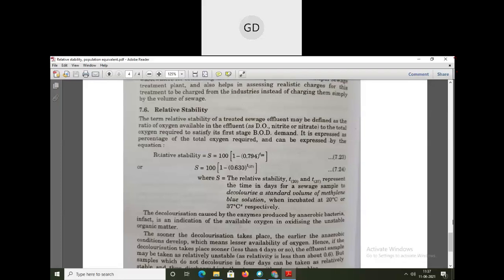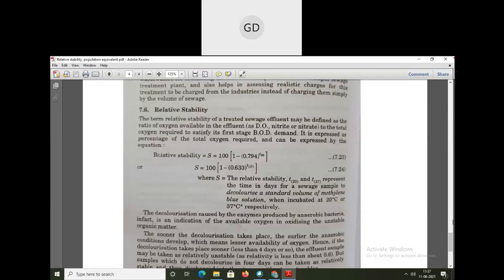This T20 and T37 both represent the time taken in days for a sewage sample to decolorize a standard volume of methylene blue solution when incubated at 20 degrees Celsius or 37 degrees Celsius respectively.